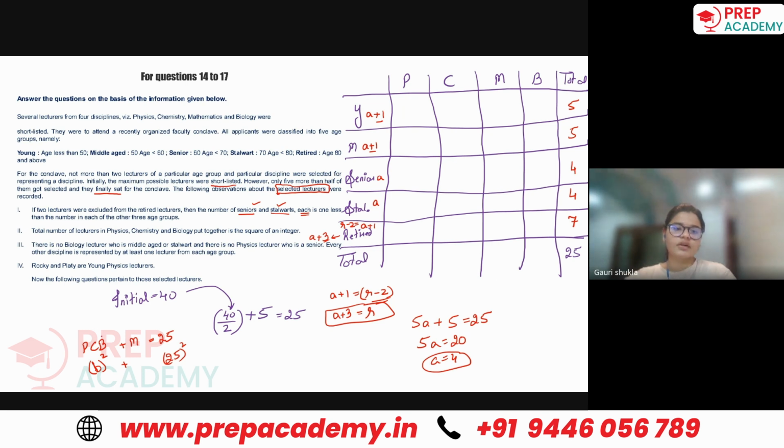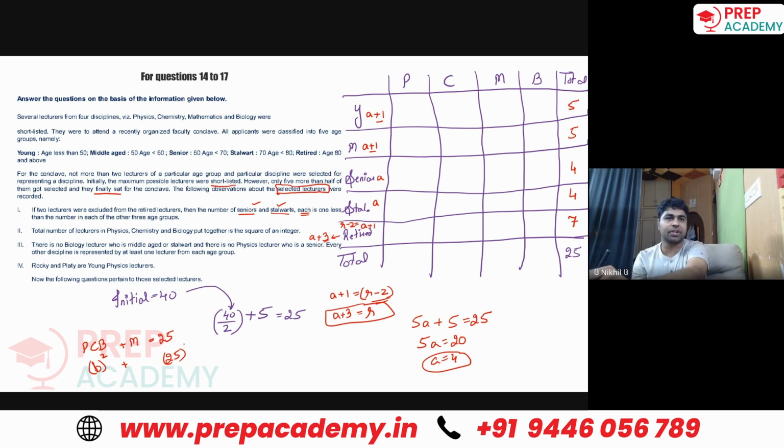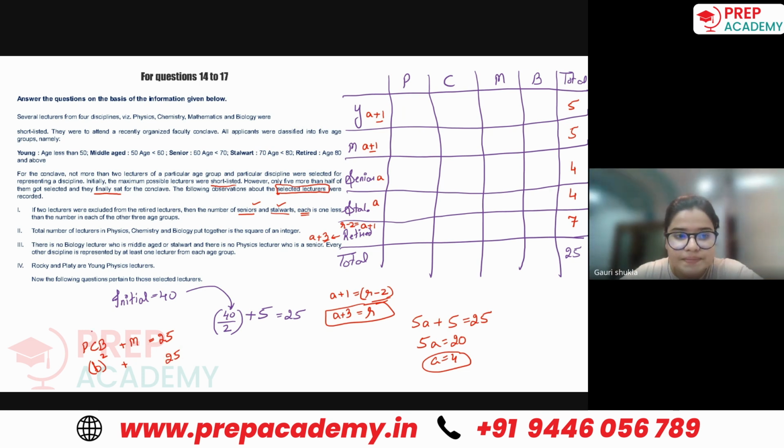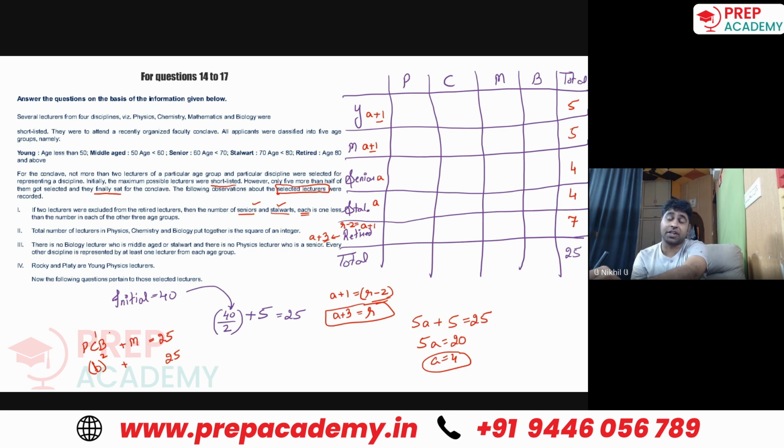So how did we take 25 square? Sorry, not 25 square, it is incorrect. It is 25. It is 5 square basically. So PCB can have 1 because 1 is also a perfect square. Then maths people have to be 24. But that is not a possibility because the maximum individuals which can be here was 10, isn't it? Because of the rule which was there initially: not more than 2 lecturers of a particular age group were selected.